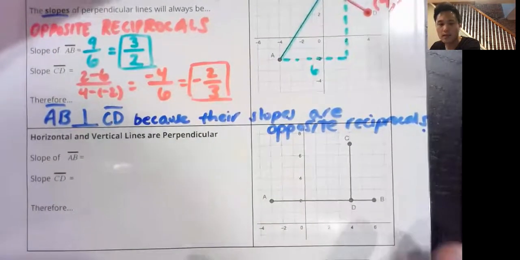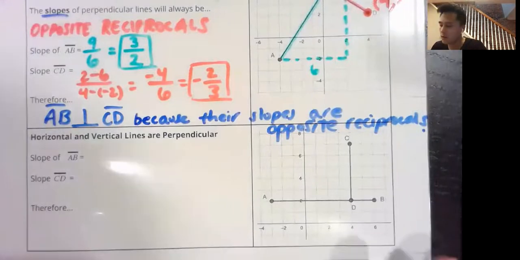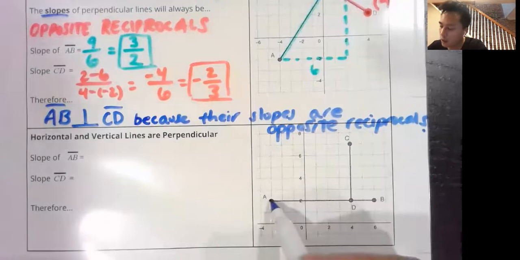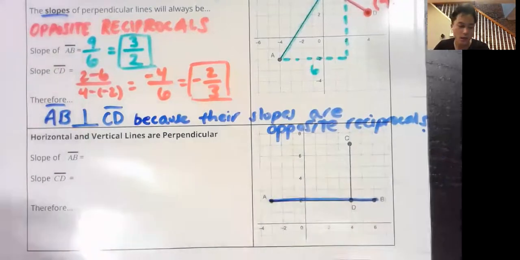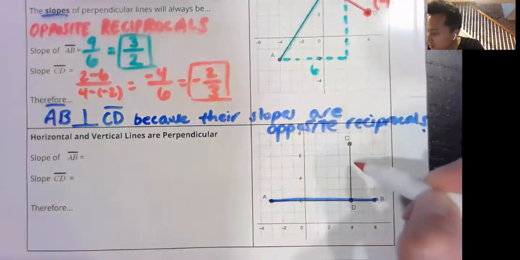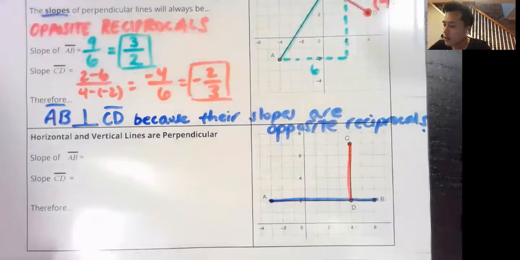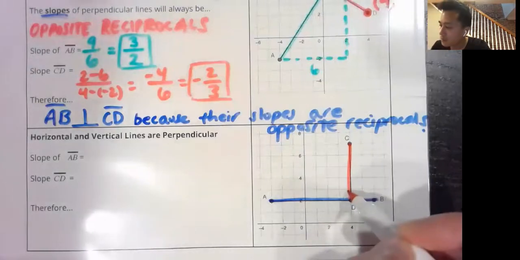Okay, the last thing that I want to show you is a special case, and that's if you have a perfectly horizontal line like AB and a perfectly vertical line like CD right here. We know that this is going to be a right angle.